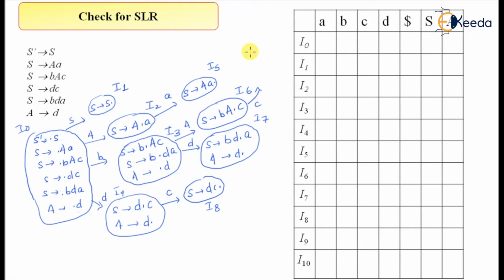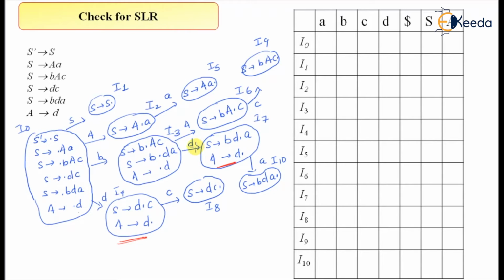On input small c, this becomes S derives B A C dot, and that state is I9. Finally, I7 on input A gives S derives B D A dot, and that state is I10. So we are done. Is there any state of concern? Yes, I7 is the state of concern, because there is a shift and there is a reduction.